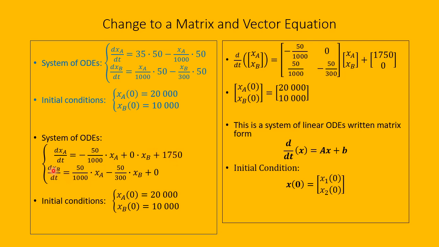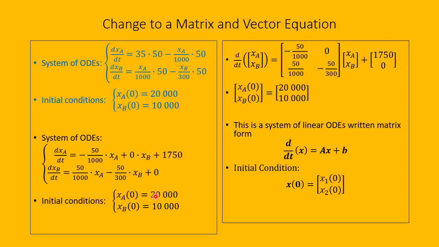Similarly, the rate of change of salt in tank B is the rate that salt enters tank B from tank A minus the rate that salt leaves tank B plus 0. 1750, remember, was that non-homogeneous term that we had in our equation.